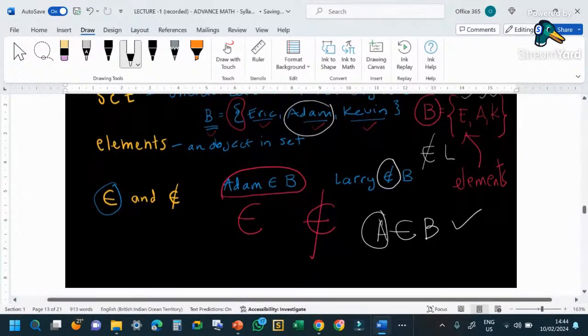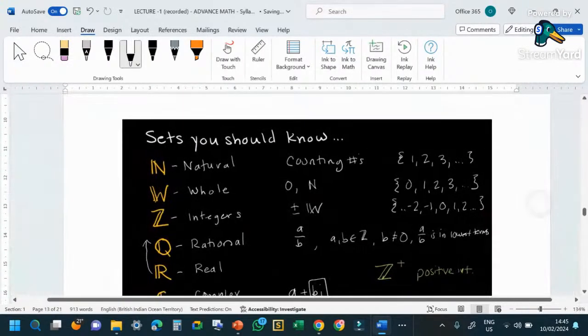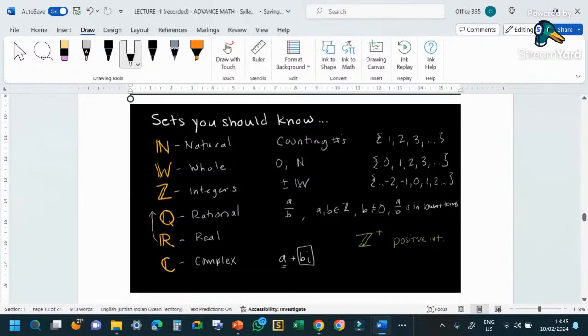Okay, let's move to the next slide or next part. Well, this is just to introduce some notations, like this one with a double line at the side. That is what you call natural numbers.